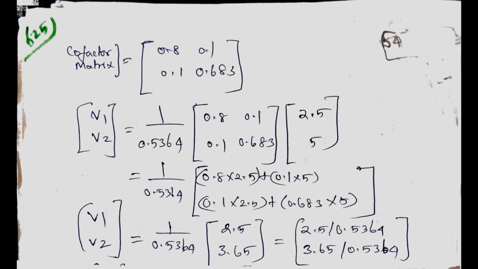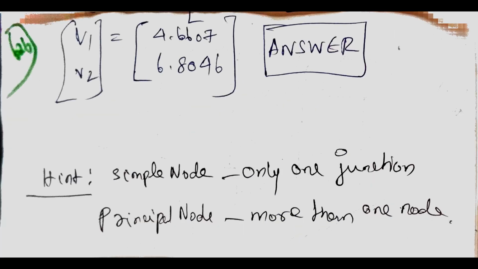We obtain the V1, V2 matrix values 4.6607, 6.8046. Those are the nodal voltage V1, V2 values in this circuit.